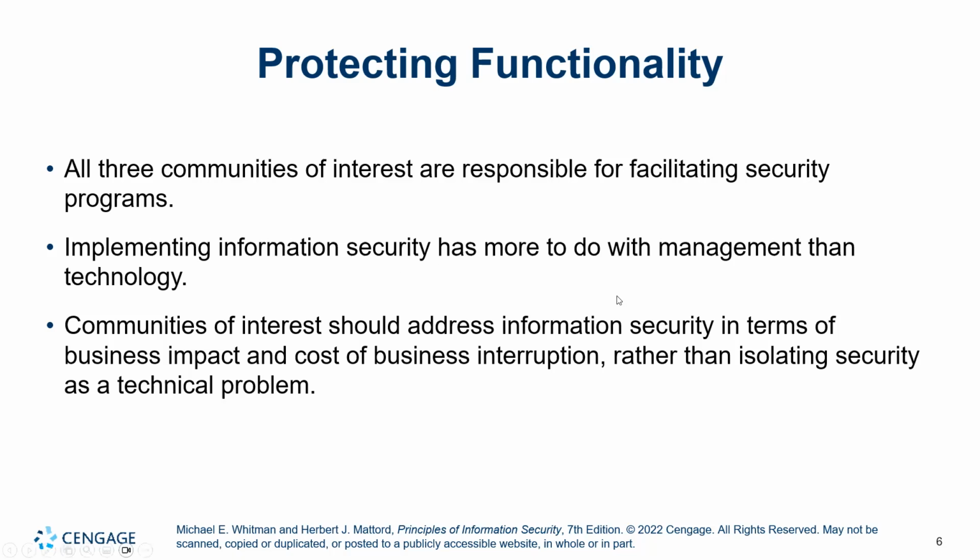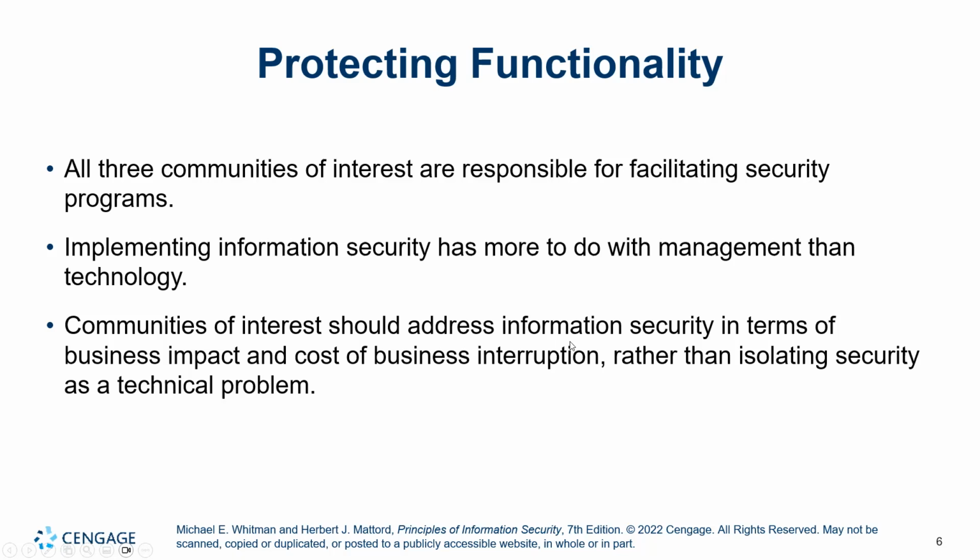This is one of the biggest Achilles heels in cybersecurity, is that you don't have a conversation with the management about who's doing what. And then you have a conversation with those people who are actually doing it. You'd be shocked at how often you find out some managers really don't have a clue about what their employees are responsible for handling. So that's important information when you're figuring out how to protect functionality.